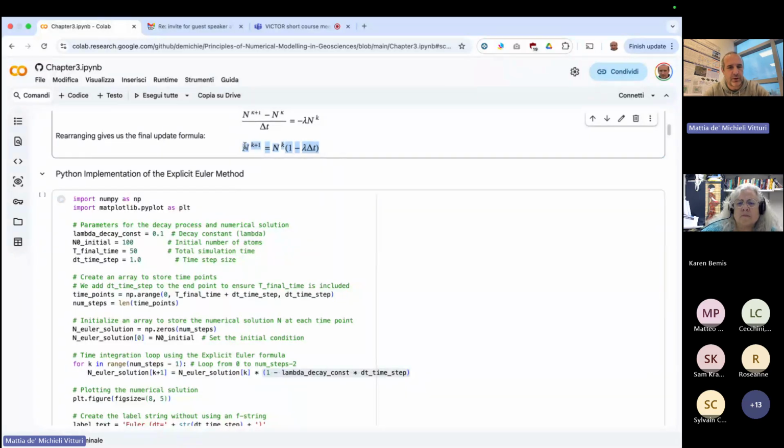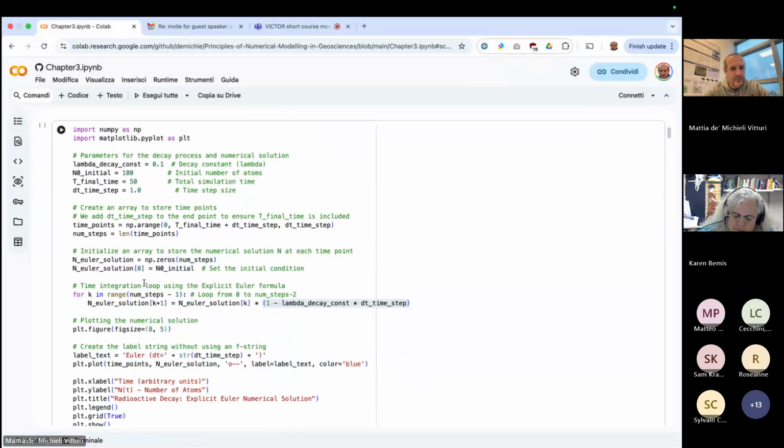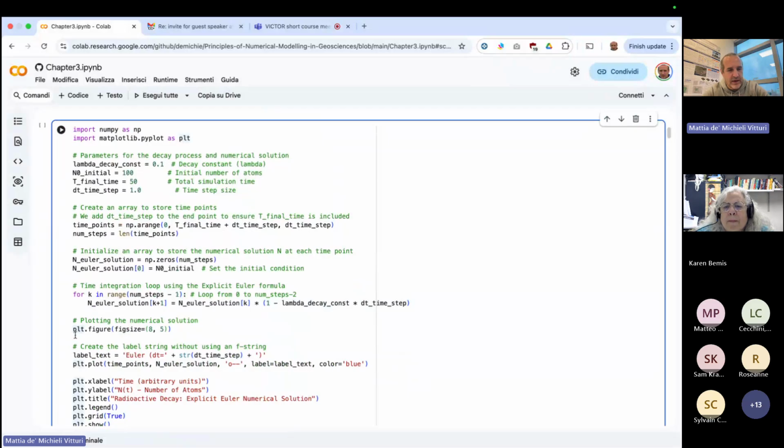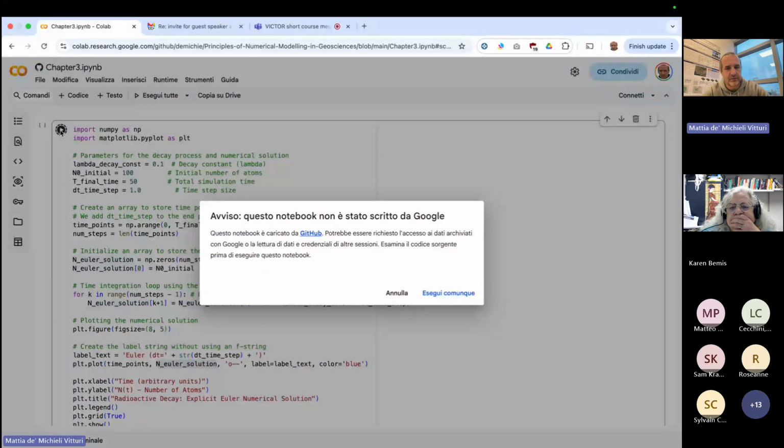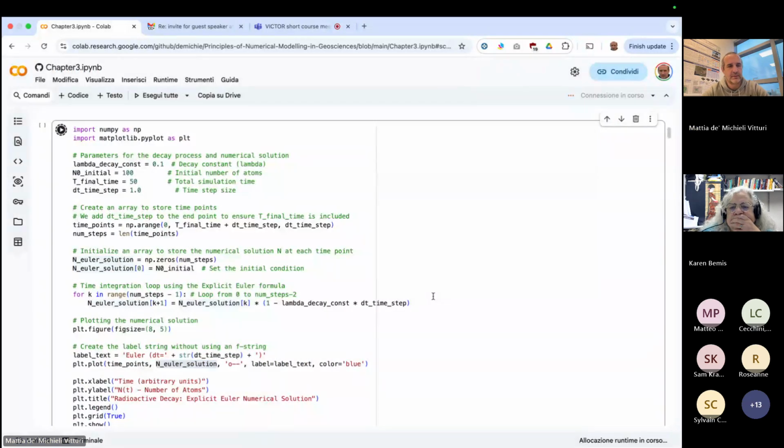So we are exactly implementing the explicit Euler method. We iterate, and then at the end, we create a figure. In this figure, on the x-axis we plot the values of time, and on the y-axis the number of atoms. So let's run this script.